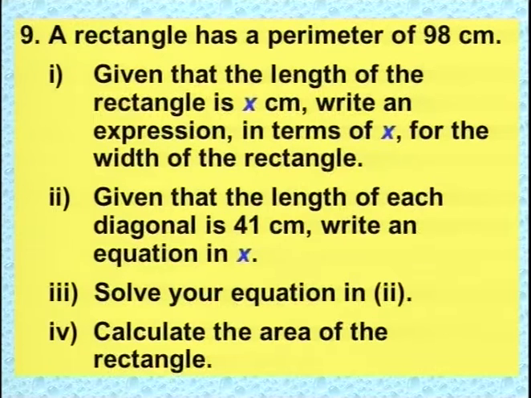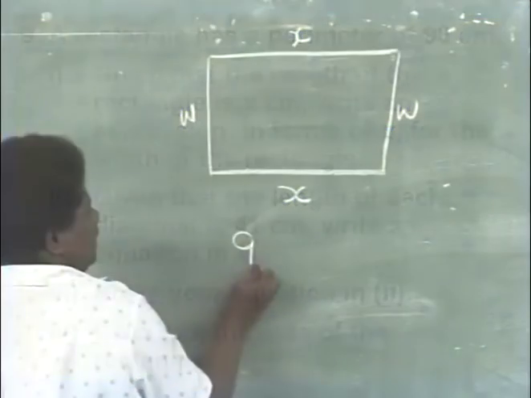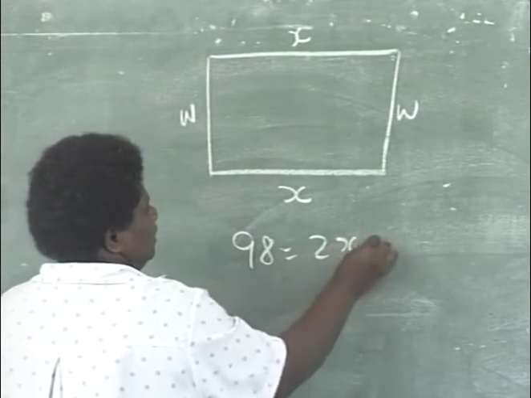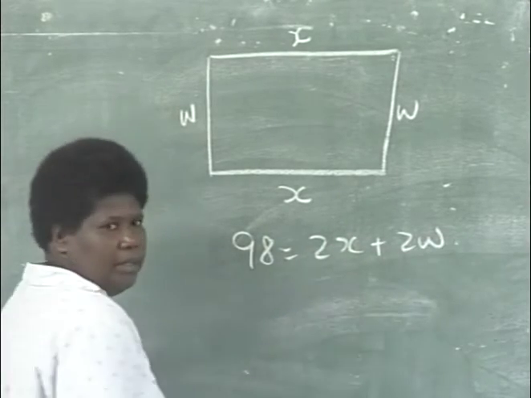Okay, a rectangle has a perimeter of 98 centimeters. Given that the length is x, you are asked to find an expression in terms of x for the width of the rectangle. I'll do part 1 and you can complete part 2 and part 3 and also part 4. That means if the length is x, this side is also x. If this is w and w, then 98 is equal to twice the length plus twice the width.